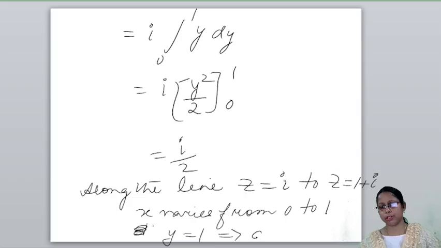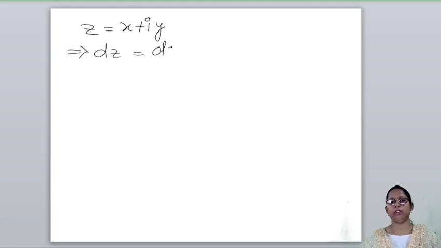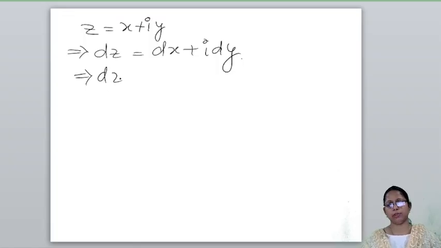This implies dy is equal to 0, so from z equal to x plus iy, dz equal to dx plus i dy gives dz equal to dx.